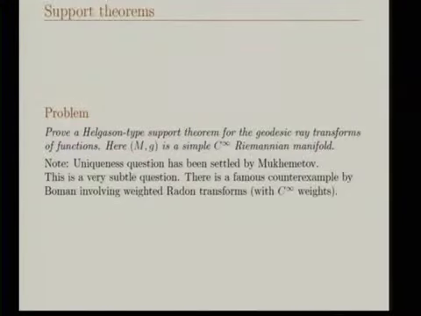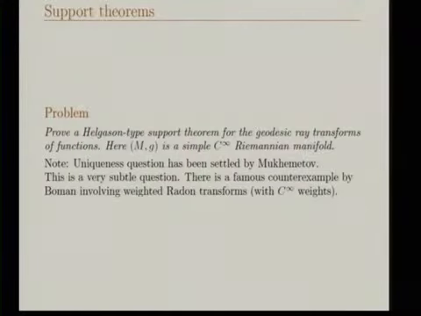So you need a proof that avoids analytic continuation if you want to be able to do it in the C infinity case. All the proofs so far have gone from the boundary all the way to the inside. And actually, you will see why this also comes up in the Calderon problem. It's the same idea. Again, this is a subtle question, but I believe that one can prove a support theorem, but it's a conjecture.